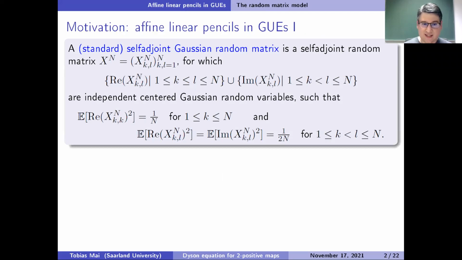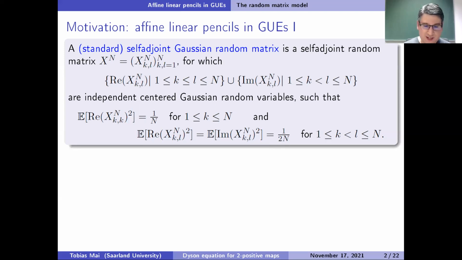So let's get started with the most basic definition of a standard self-adjoint Gaussian random matrix. By this I simply mean a random matrix with complex Gaussian entries, such that the real and imaginary parts are Gaussian random variables, and they are centered, and the variance is normalized in such a way that we have mean 0 and trace of the square of the matrix equal to 1, a kind of variance 1 assumption.